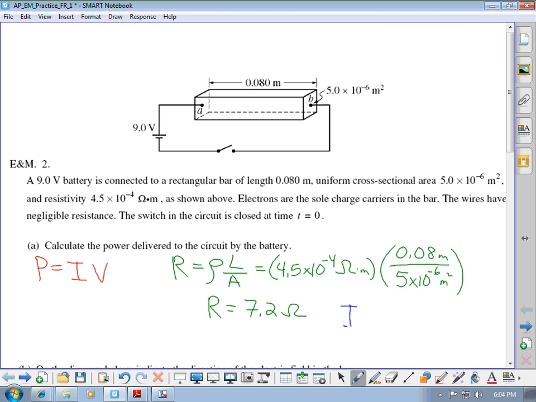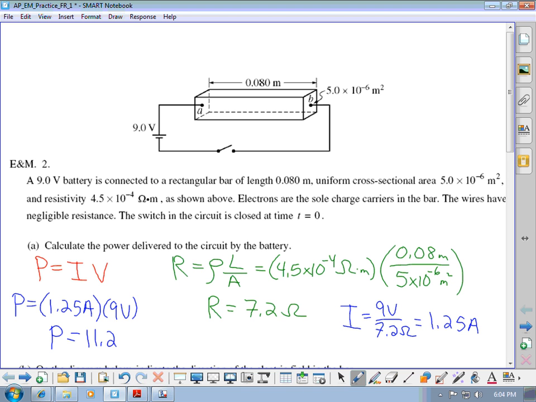That means the current is going to be 9 volts over 7.2 ohms, which is 1.25 amps. Then the power is 1.25 amps times 9 volts, which is 11.25 watts.